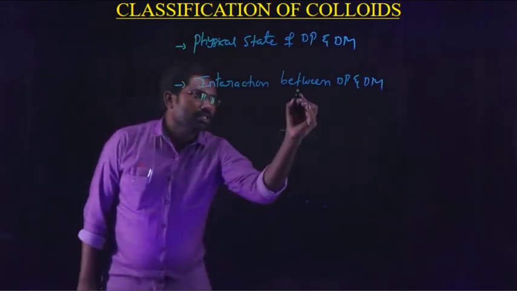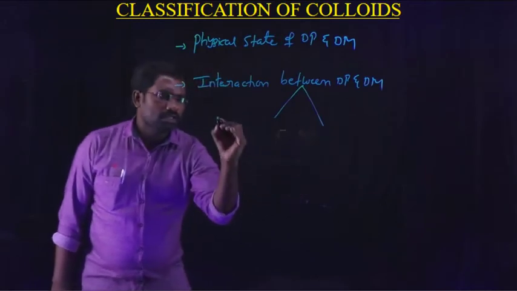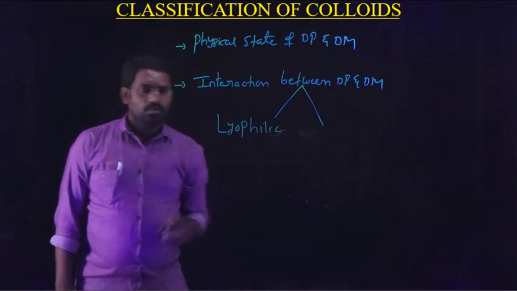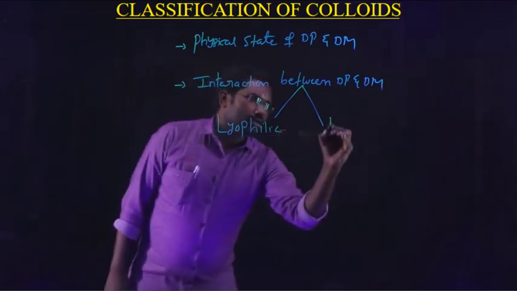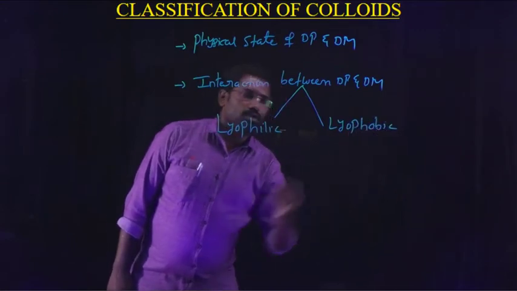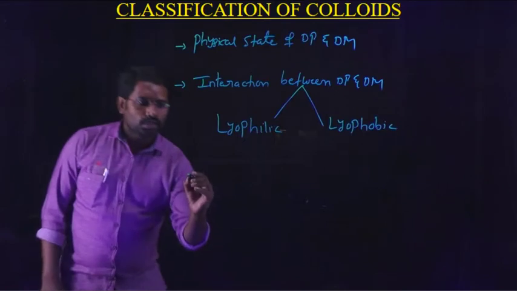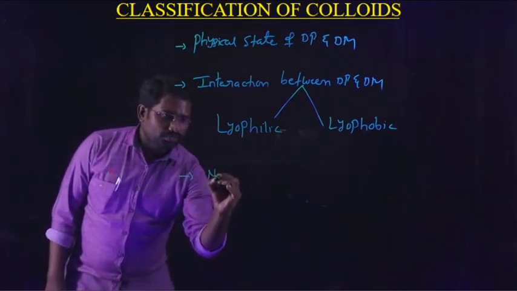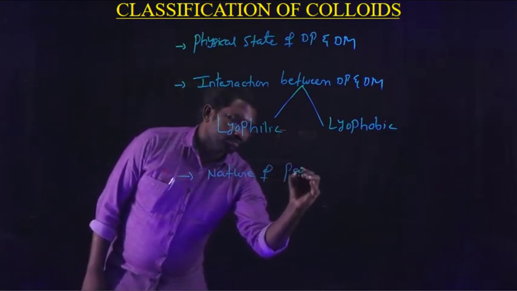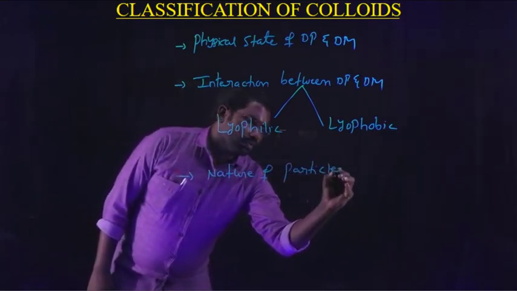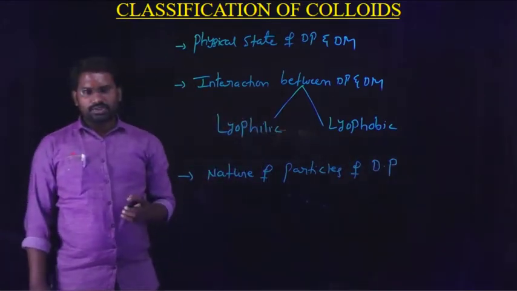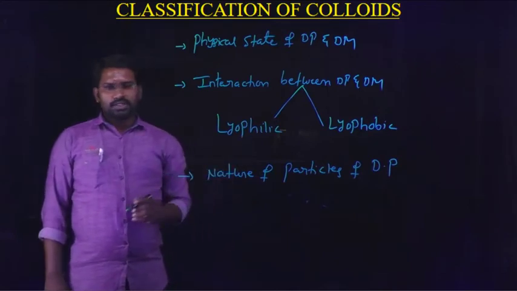Again, colloids are classified into 2 categories. First one is lyophilic colloidal sols, and second one, lyophobic colloidal sols. And the third classification is the nature of particles of the dispersed phase.